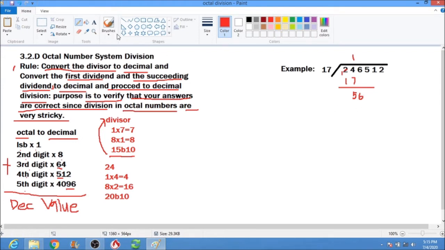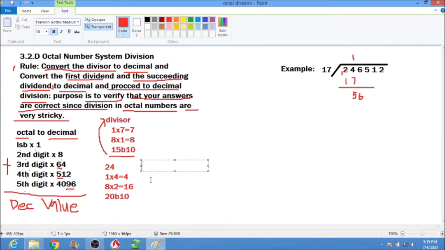The next, convert 56. We have 1 times 6 equals 6, and then 8 times 5 is equal to 40, and our answer is 46 base 10.